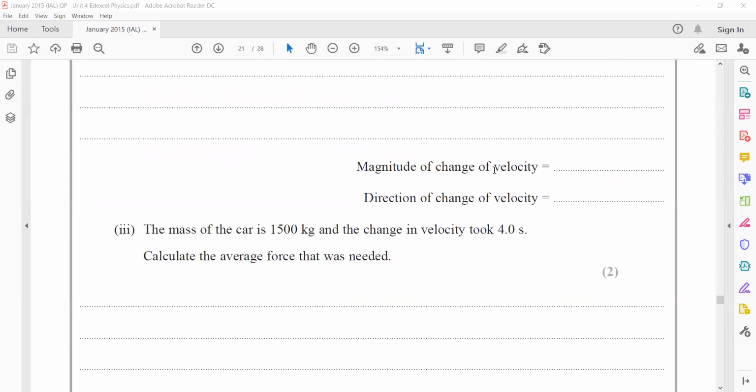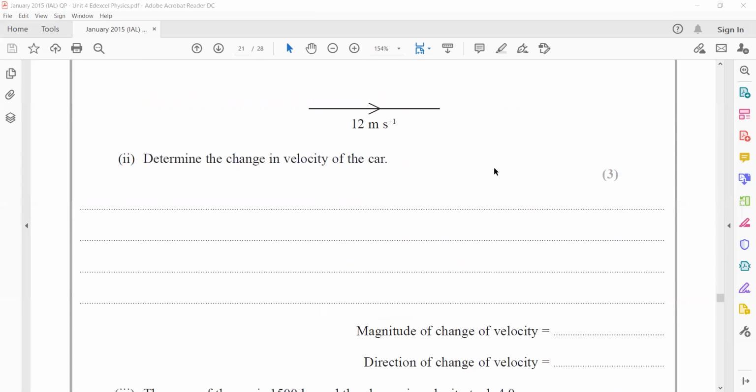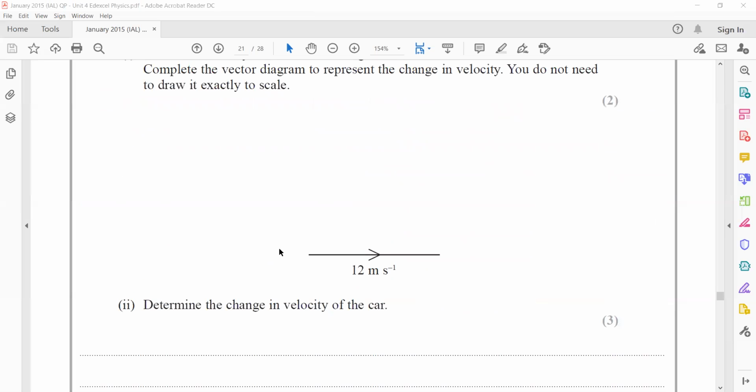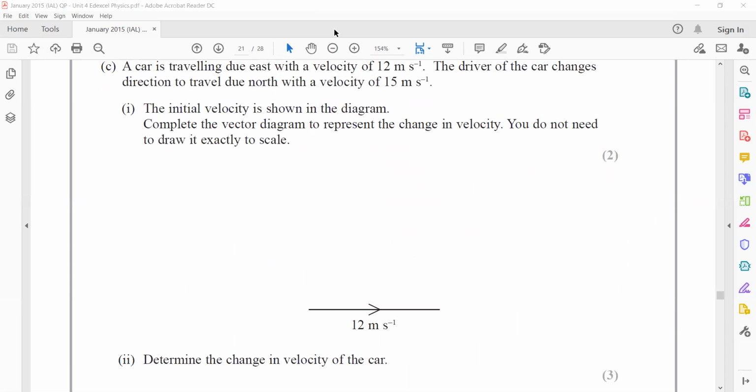Then we have to determine the change in velocity and the direction. So how can we determine the change in velocity? You have to select a scale. How do we get the scale from this? Using a ruler, you measure the length of this 12 meters per second. For example, if according to paper size it was 6 centimeters, you will have the scale that 6 centimeters equals 12 meters per second.